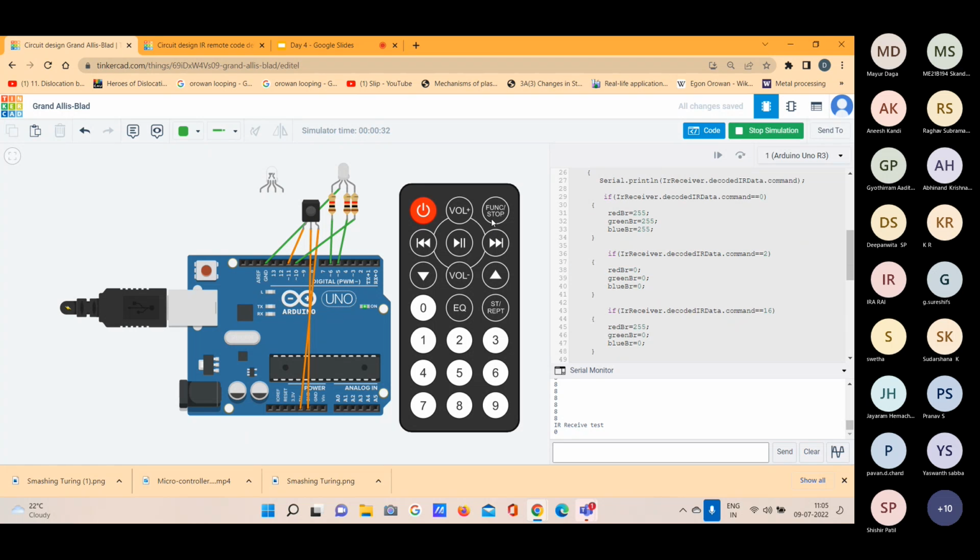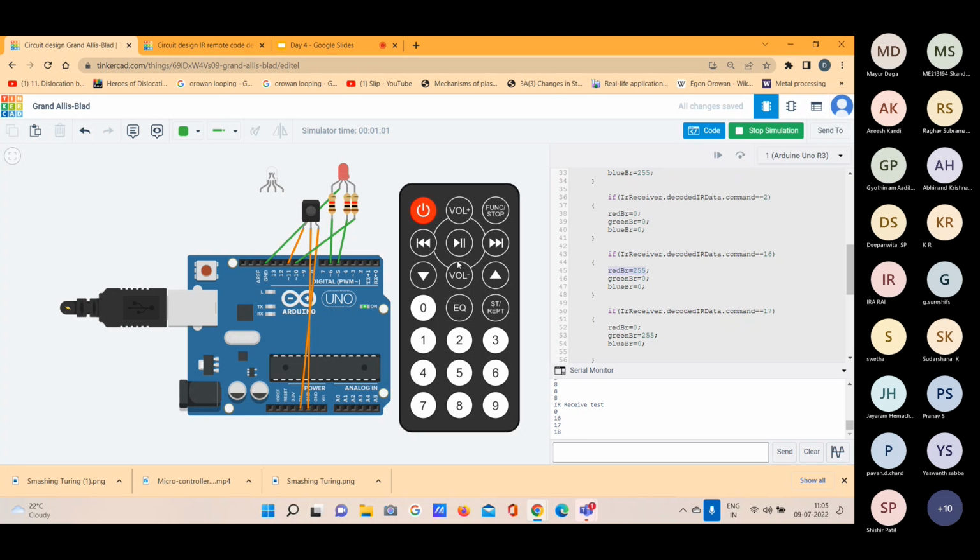And when I press this, it will set the brightness to 0, 0, 0. That means it has turned off the RGB LED. Similarly, pressing 1 corresponds to 16, 2 corresponds to 17, and 3 corresponds to 18. So this is similar to hexadecimal.